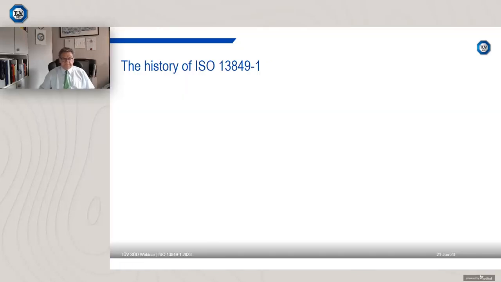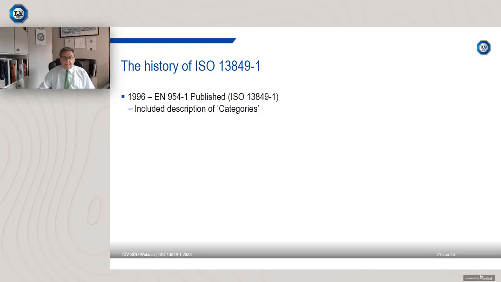So first of all, a little bit of history. The life of this standard began in 1996. It was published as EN 954 Part 1, which became edition 1 of 13849 Part 1.